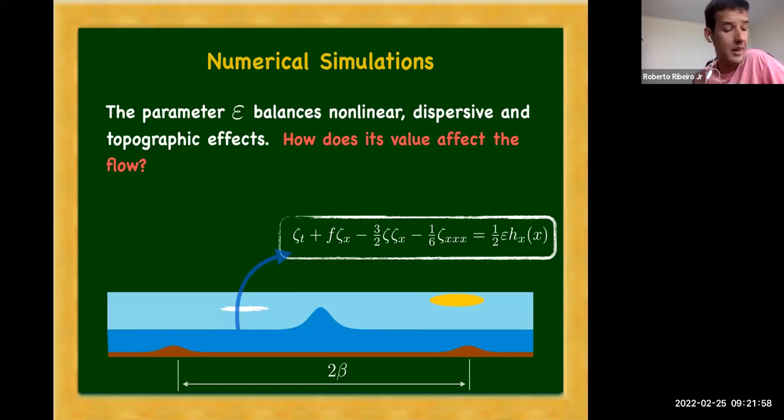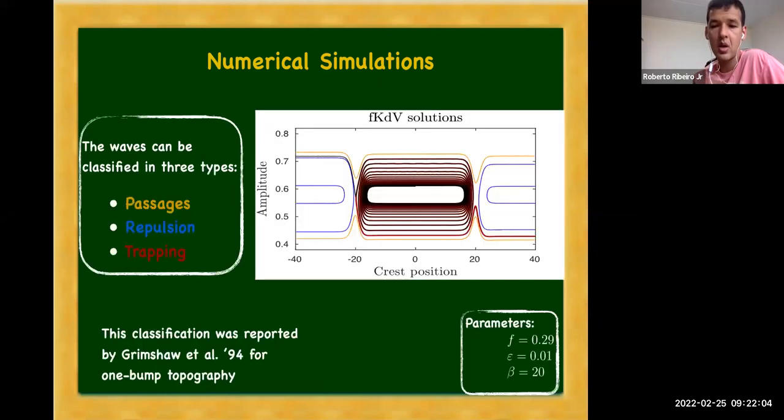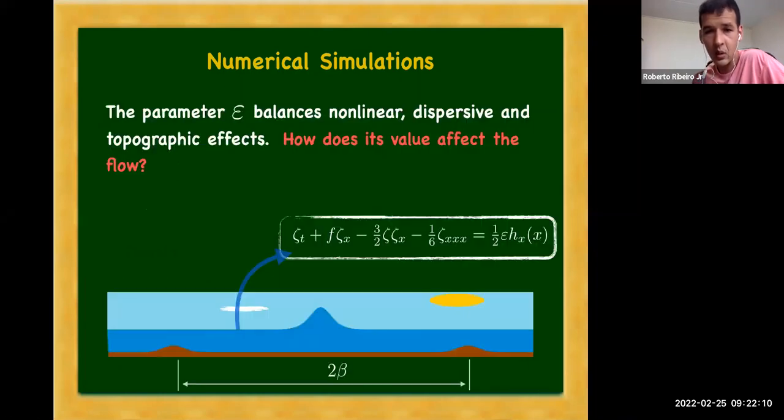Okay, now let's do the following. In all previous simulations, we used this value of epsilon. Now, let's change the value of epsilon and see how this variation will affect the flow.